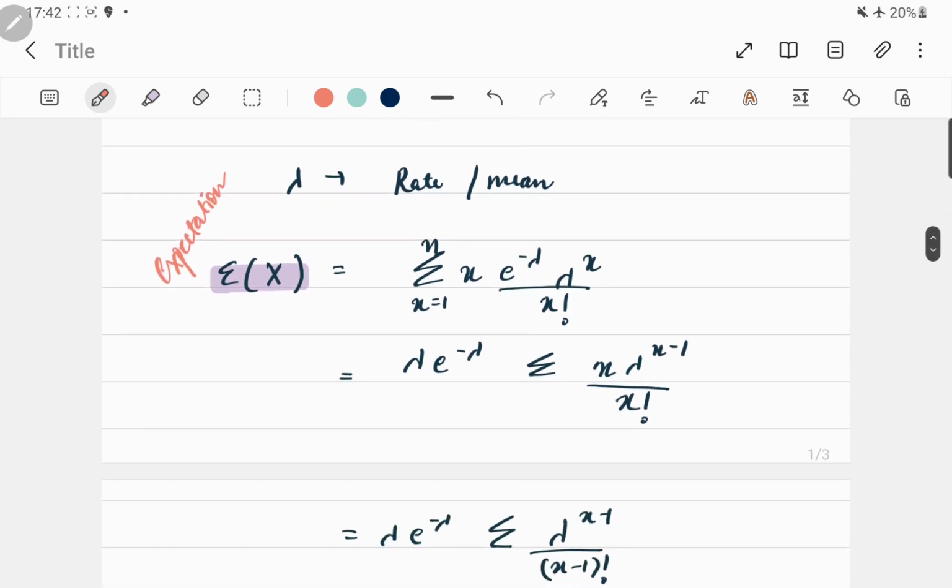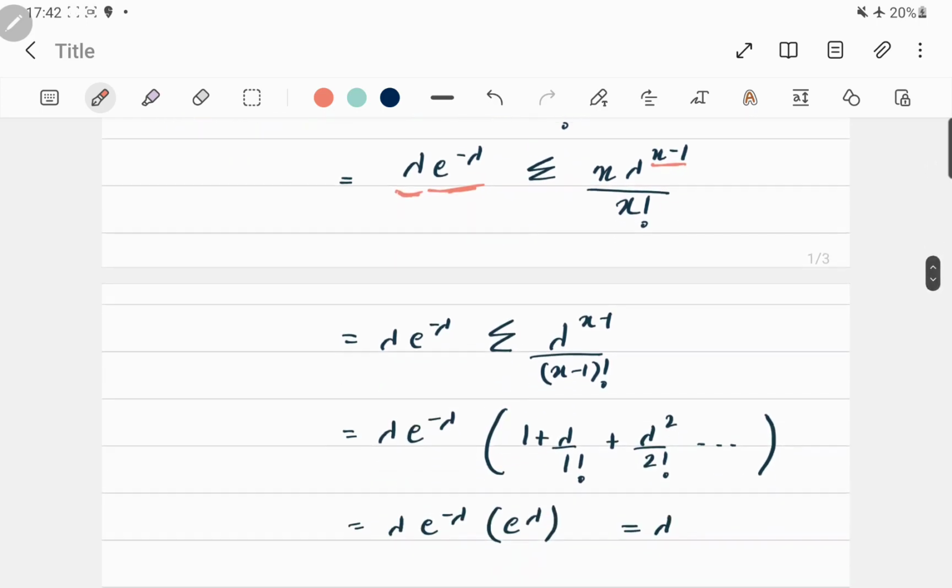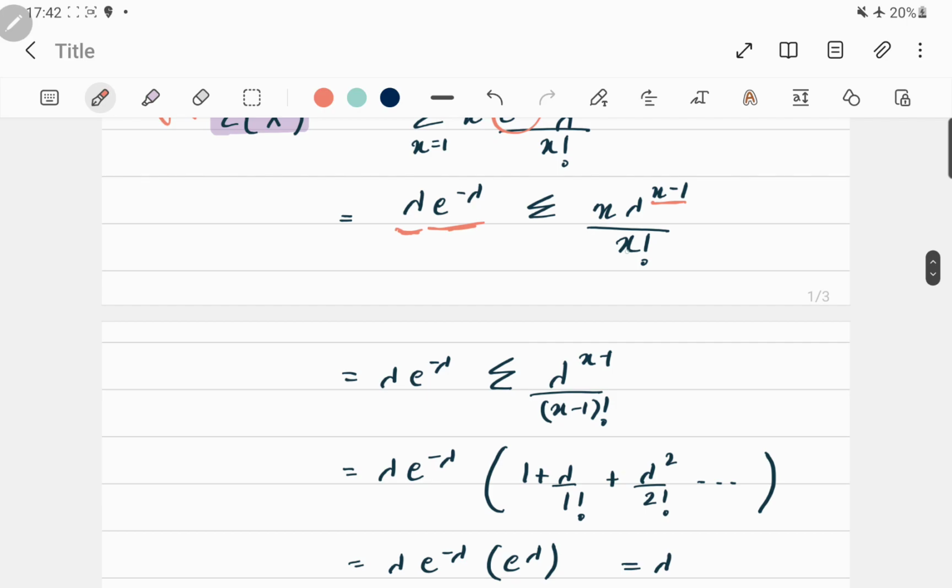So we can take the constant out of the picture. If we do that, we have e to the power minus lambda out, and we take one of the lambdas out as well. So we are left with lambda to the power of x minus 1, right? And if we open up this x factorial, we will have this as x into x minus 1 factorial. So we cancel these two x and we have just this left.